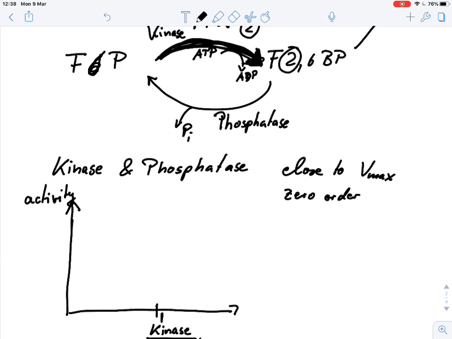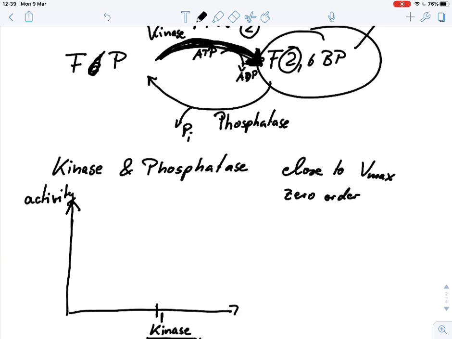Which compound do we get if the kinase is stronger than the phosphatase? What is the compound that we produce if the kinase is stronger? Fructose 2,6-bisphosphate. Indeed, absolutely right.